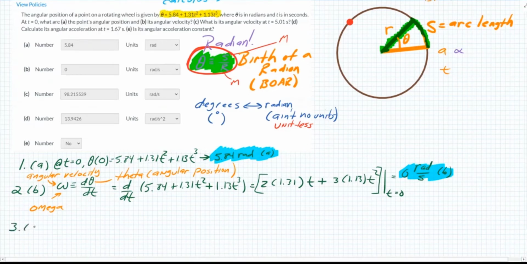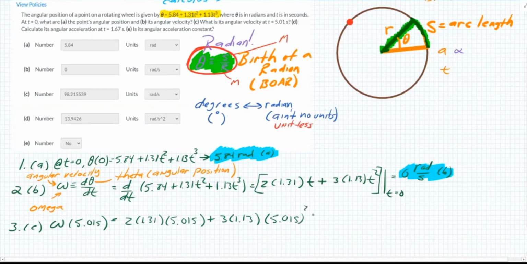Part C: I'm just going to take my velocity function. Omega, angular velocity at time equals 5.01 seconds, equals 2 times 1.31 times t, 5.01 seconds, plus 3 times 1.13 times t squared, 5.01 seconds squared, and then calculator time.